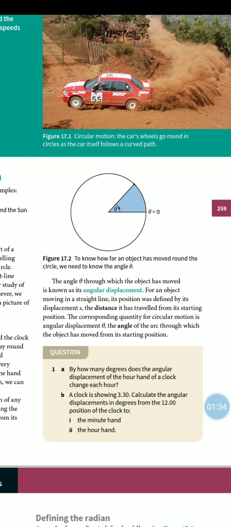Velocity is a vector quantity because it has a direction. In straight line motion, we can talk about the direction, but in circular motion, the direction changes all the time. So if one of the two factors, the magnitude or the direction, changes, the velocity is changing.